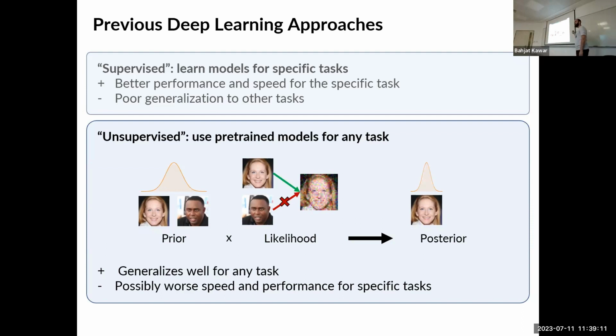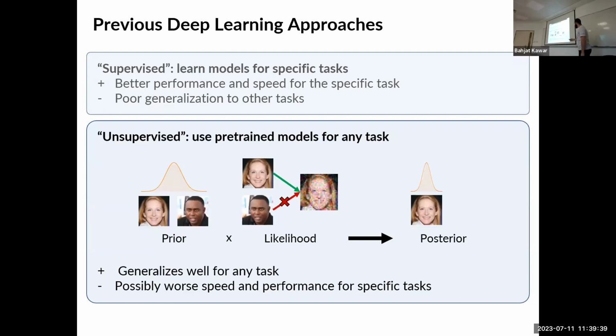The likelihood is the likelihood of the measurement given what we think the image is. And the posterior is the distribution of images that are likely under our given measurement. This type of work generalizes well for any task, can handle any linear inverse problem well, but it might come at the cost of slightly worse speed or slightly worse performance in terms of PSNR, in terms of distortion index.